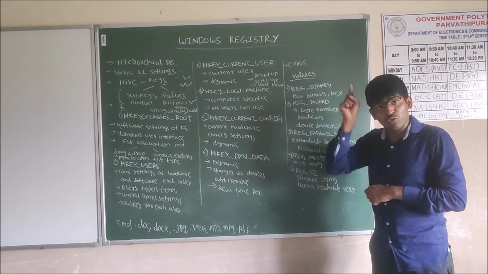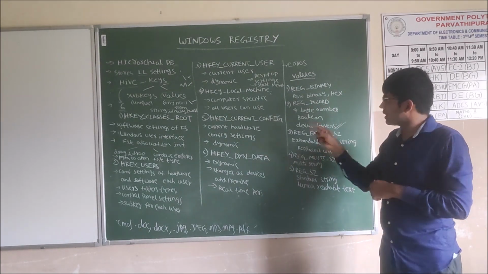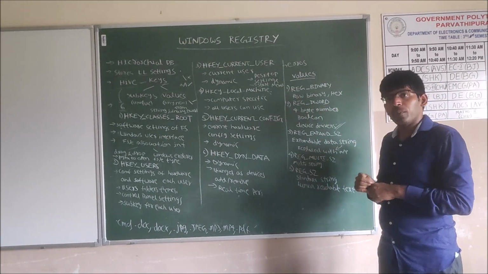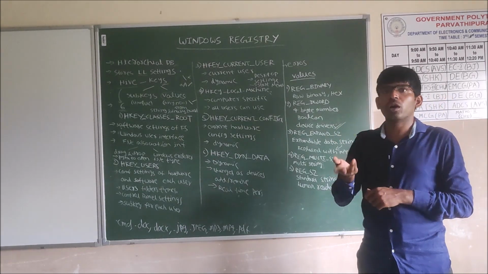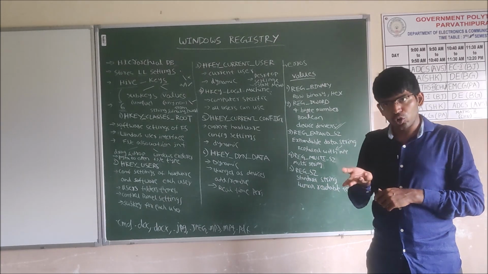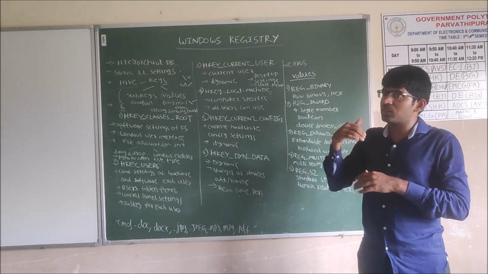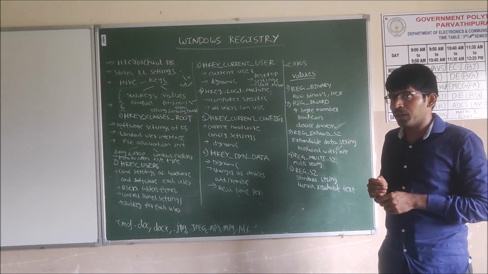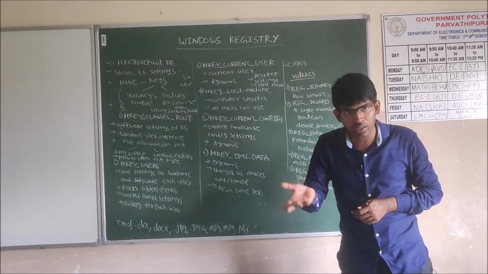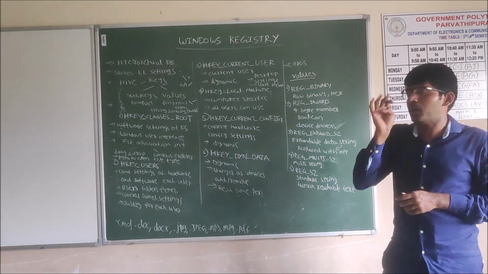Or REG_DWORD. Here, this is a 4-byte number. This will have a Boolean data type, meaning it might be true or false. We use it for the driver's information display. If it is 0, that driver is disabled. If it is 1, that driver is enabled.